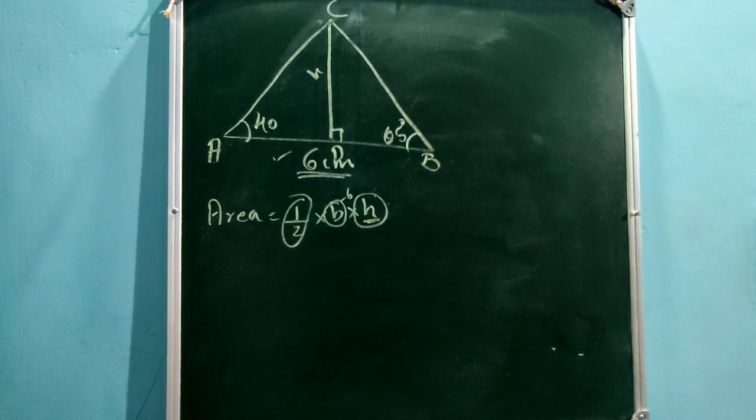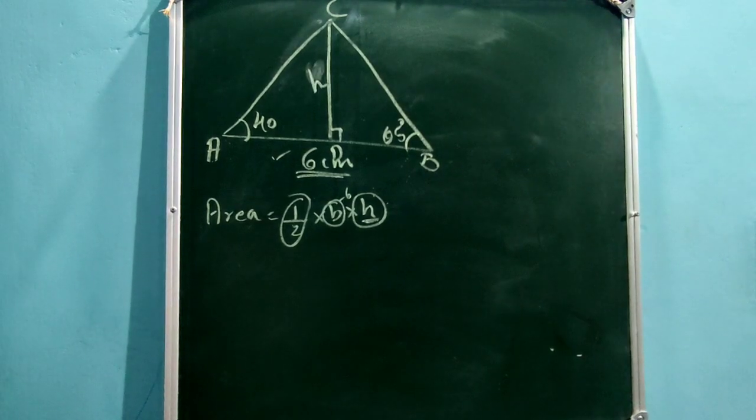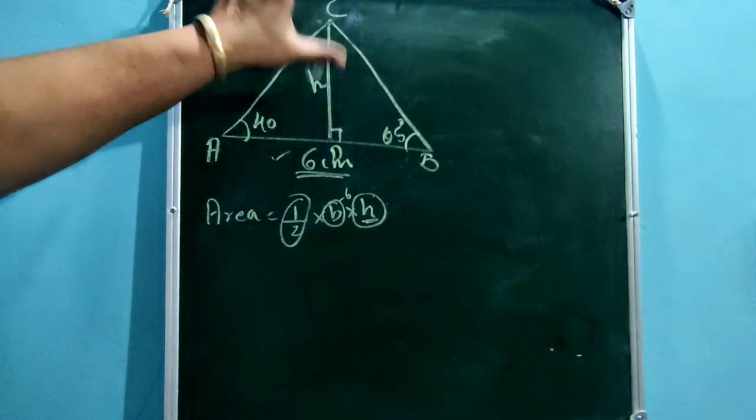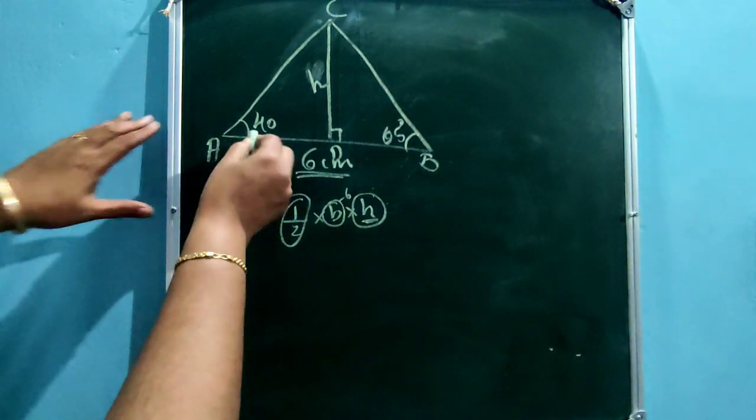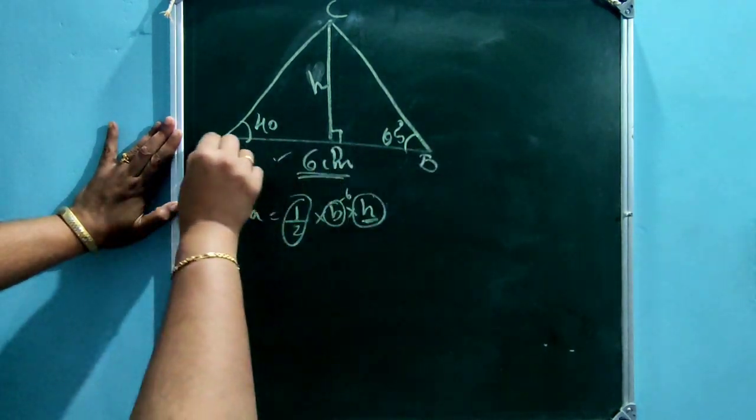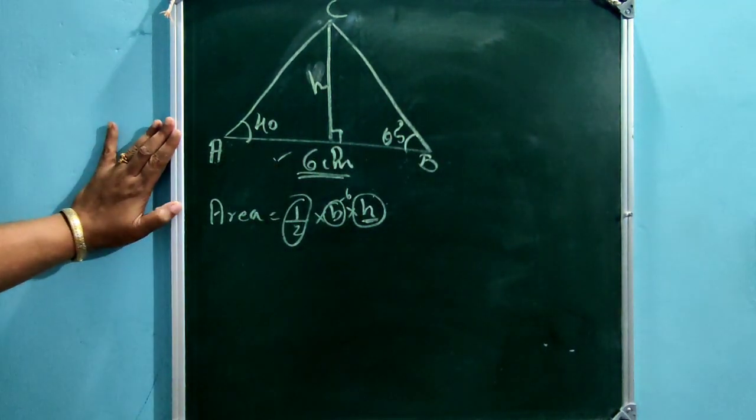Then how do we find this height? Yes, let us find out. To find the height of the triangle, here we are going to use the tan ratio. See, here we have a total length equal to 6 centimeter.